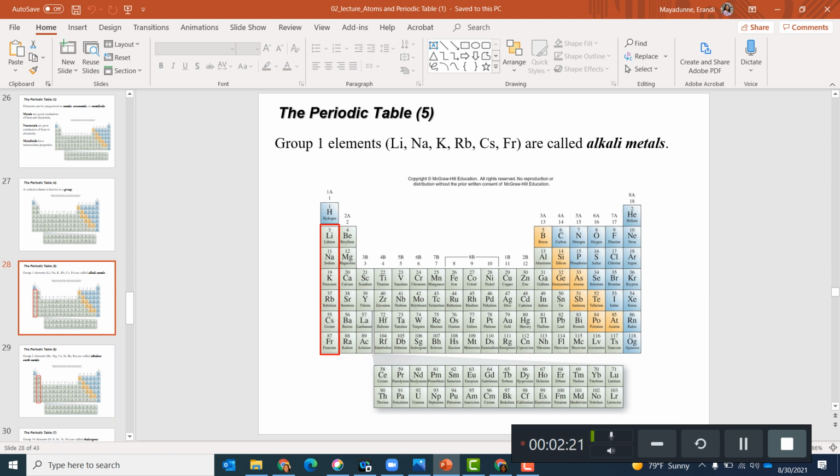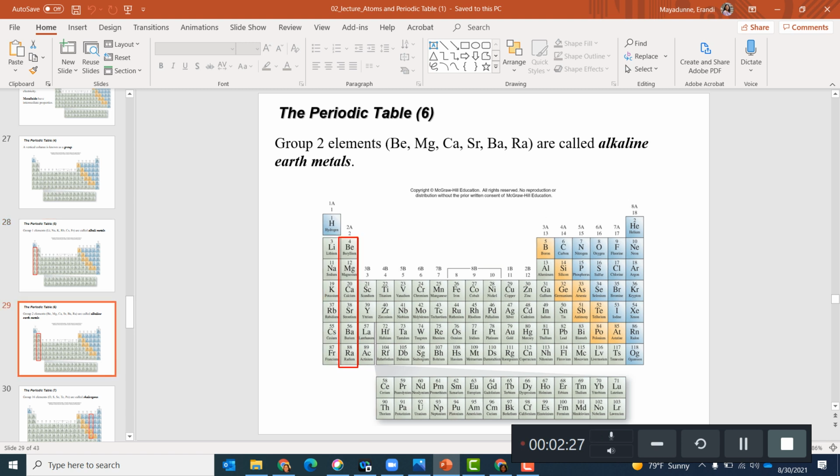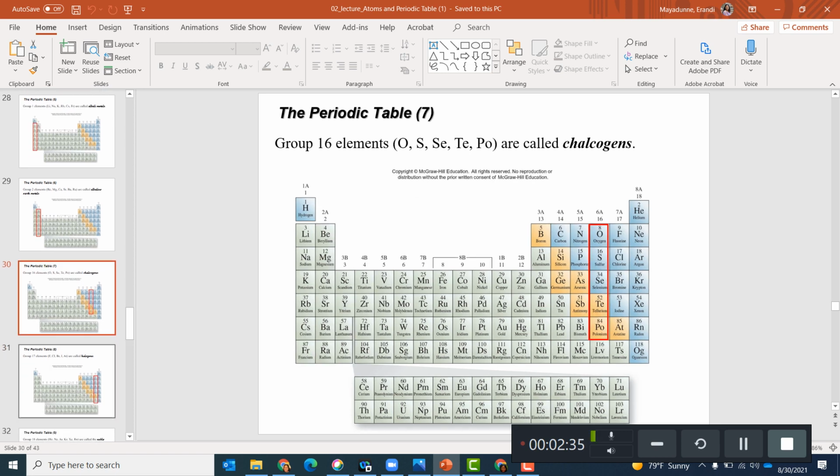Group 2 we call alkaline earth metals: beryllium, magnesium, calcium, strontium, barium, radium. Going to this side, this is called chalcogens: oxygen, sulfur, selenium, tellurium, polonium. In the chalcogens, you have metals and also metalloids in the group.